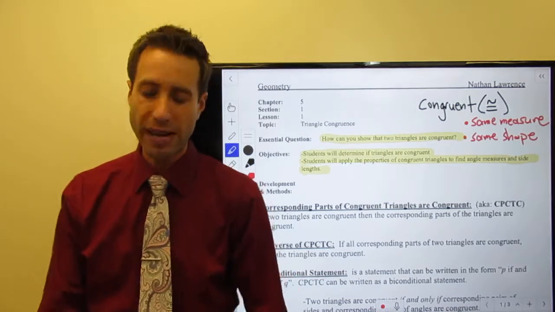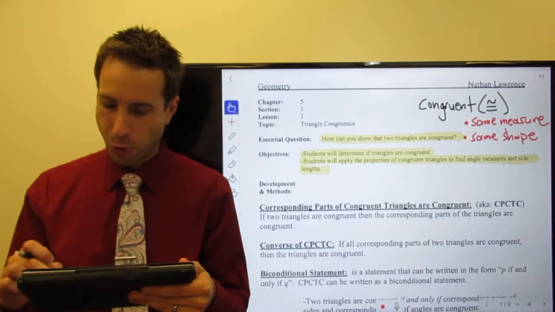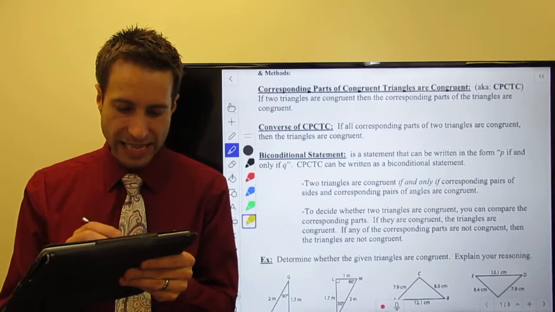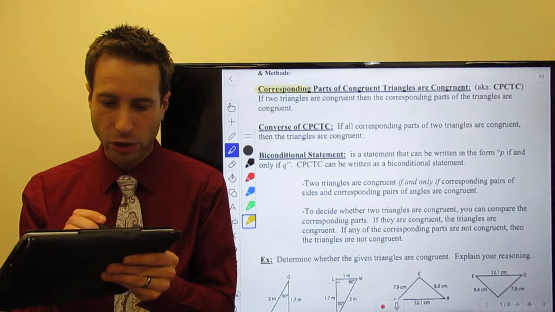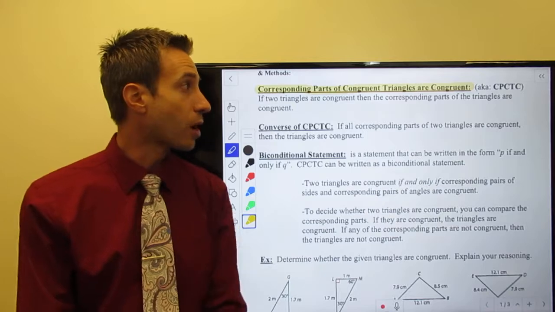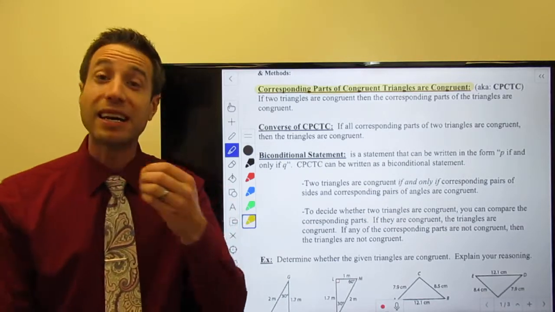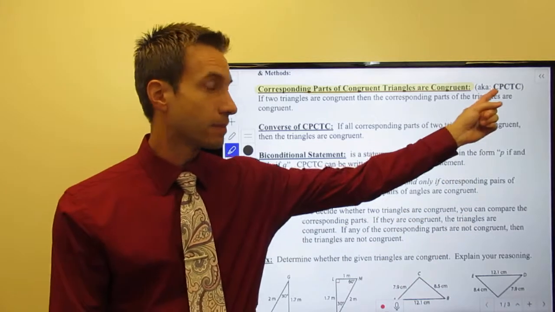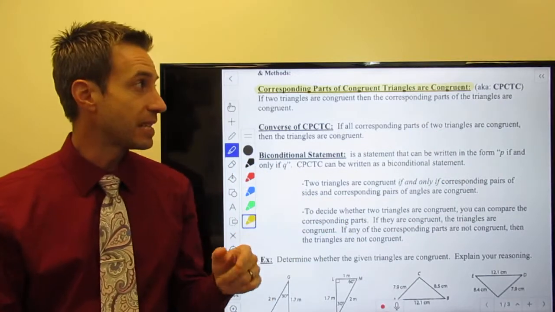Let's jump right into a really important idea in geometry, and it is this gigantic mouthful: corresponding parts of congruent triangles are congruent. Because it is such a long term, we break it down to an acronym: CPCTC.